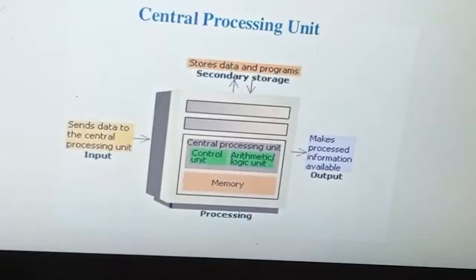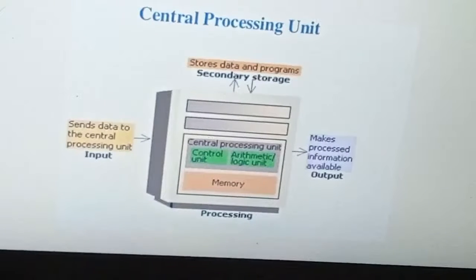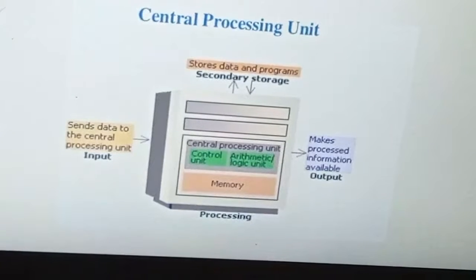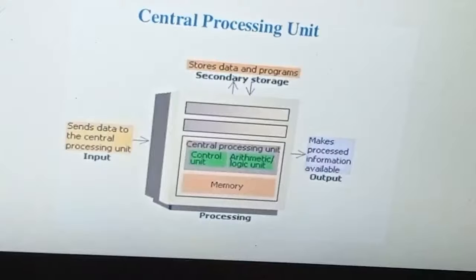Coming to output devices. An output device is any peripheral that receives data from the computer, usually for display, projection, or physical reproduction. For example, monitor and printer.